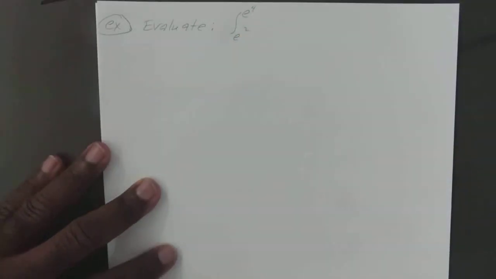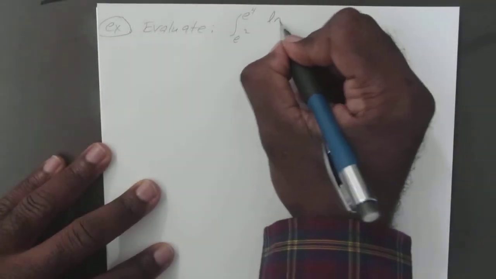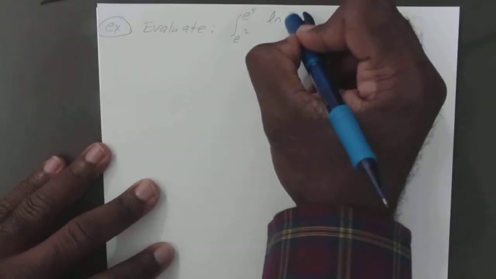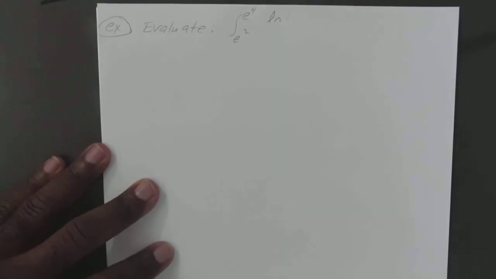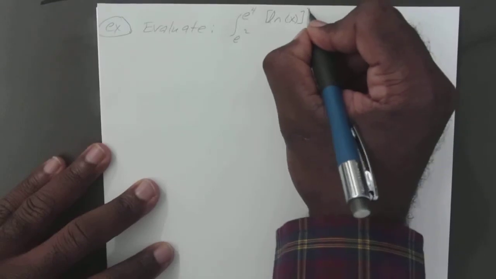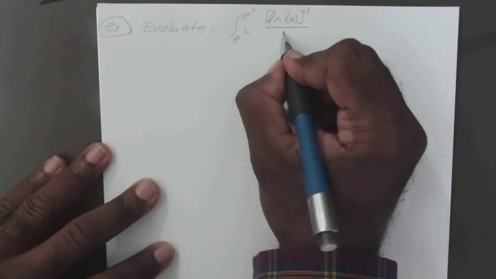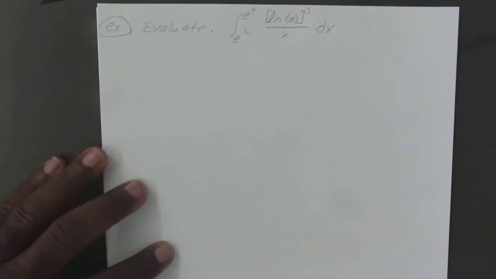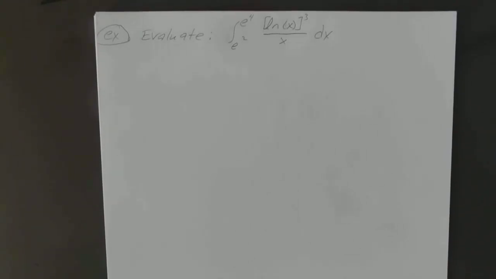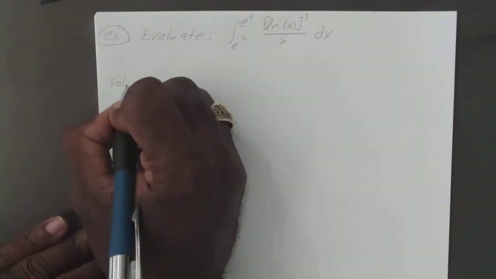Let's say we wanted to evaluate the integral from e squared to e to the 4th of natural log of x, and that entire natural log is cubed, all over x, with respect to x.